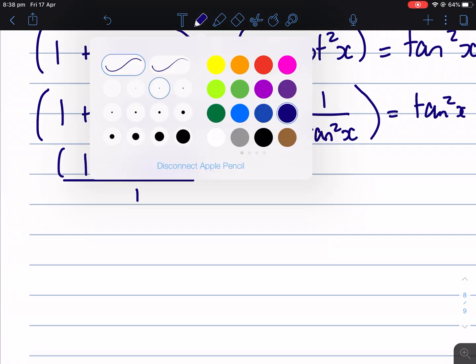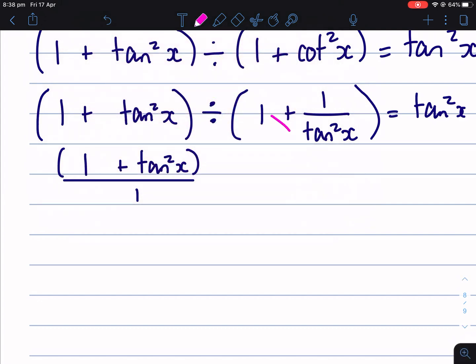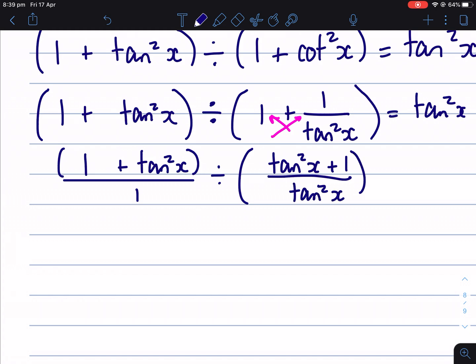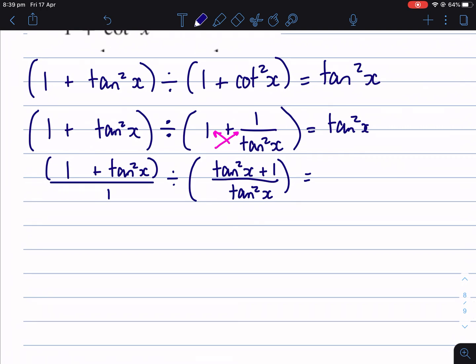Now, this one, I'm going to cross multiply. So it's divided by tan squared x plus 1 over tan squared x. If you're having trouble with adding those fractions, by the way, you need to stop and pause this video, stop and write it out, 1 over 1 plus 1 over tan squared x.